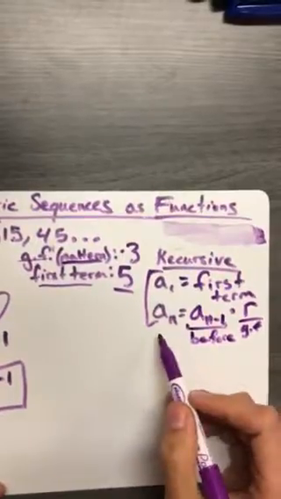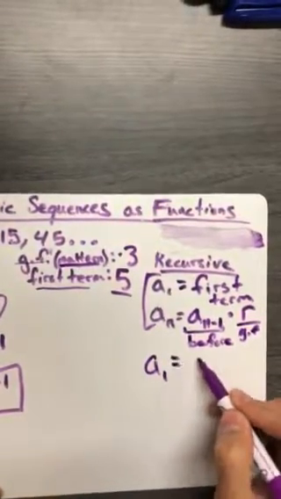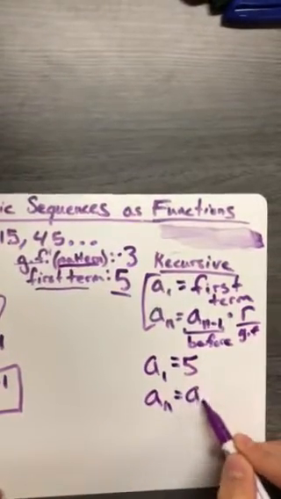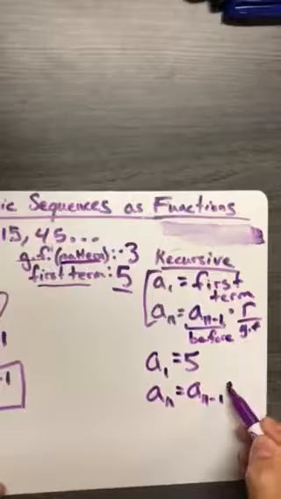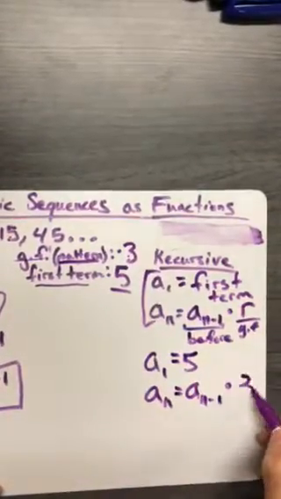So if we want to write our recursive formula for this sequence, we're going to write a sub 1, our first term, equals 5, and a sub n equals a sub n minus 1 multiplied by our pattern or growth factor, which was 3.